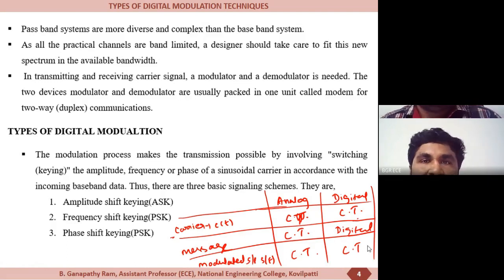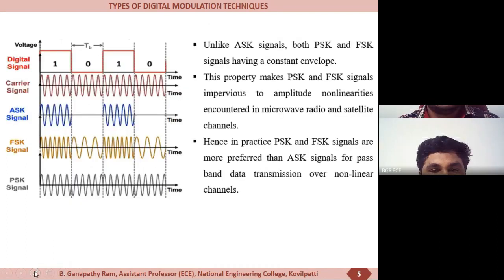Based on that, we can categorize the digital modulation techniques into three different types: amplitude shift keying, frequency shift keying, and phase shift keying, which are simply abbreviated as ASK, FSK, and PSK. ASK is nothing but changing the amplitude of the carrier signal, or switching the amplitude of the carrier signal, with respect to the digital signal.